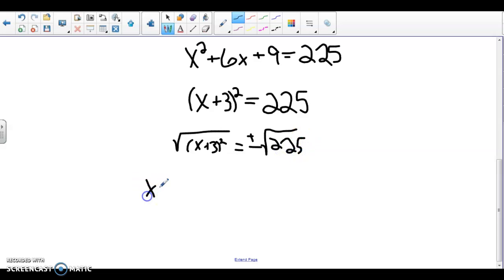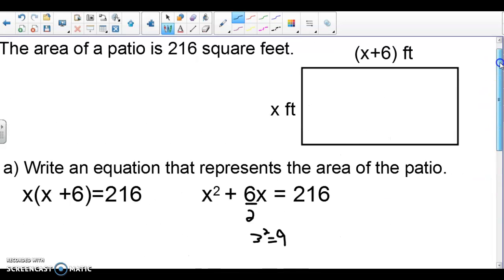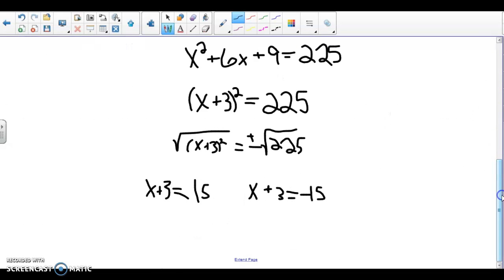So x plus 3 equals 15, and x plus 3 equals negative 15. x isn't going to be negative because x is representing our side length here. So I know right away that this is not going to be an answer. So I'm just going to work with this one. Our x equals 12.